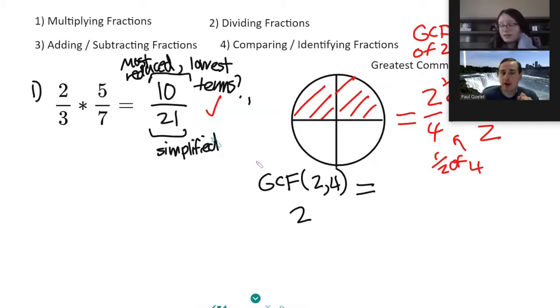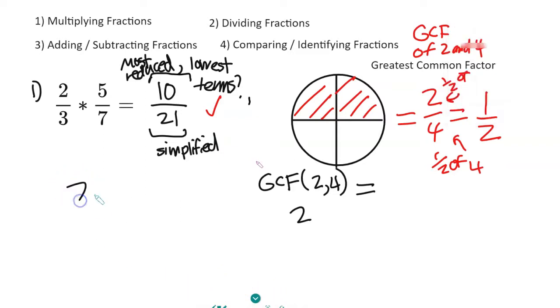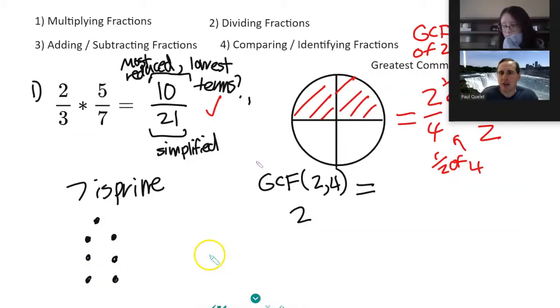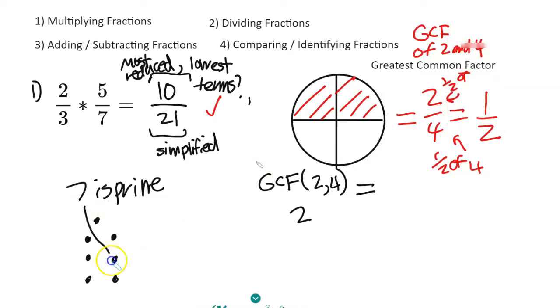Itself and 1. Let me give you another example. Take the number 7. 7 is prime. How do I know that? Well, if I have 7 things, let me put a couple dots here, 7 dots. Can I make 2 basketball teams out of 7 people? No, it's not possible.